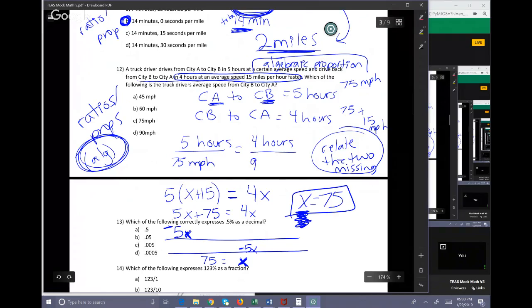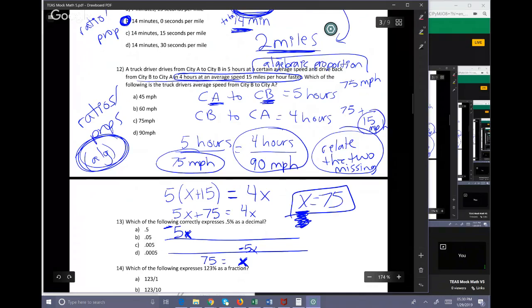So that would end up being 90 miles per hour. We solved for x. That's all you can do, is bring it down to a variable like x. Then you have to adapt the rest of the problem logically. If x turned out to be 75, then it took 5 hours going 75 miles per hour. It took 4 hours when you upped that by the appropriate figure and went 90.